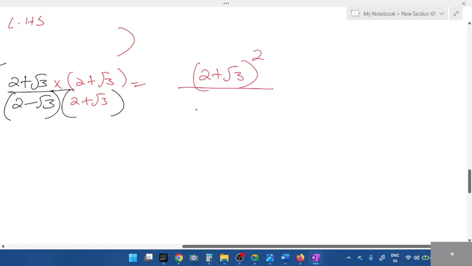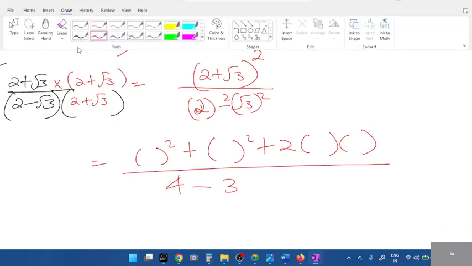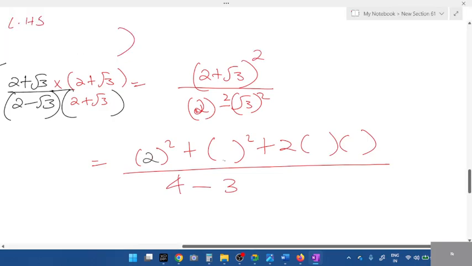Write it like this. And down you can write 2 square minus root 3 the whole square. Now you can expand it. A square plus b square plus 2ab. What about the next one? 4 minus 3, right? Denominator you get 4 minus 3. 2 root 3, 2 root 3.